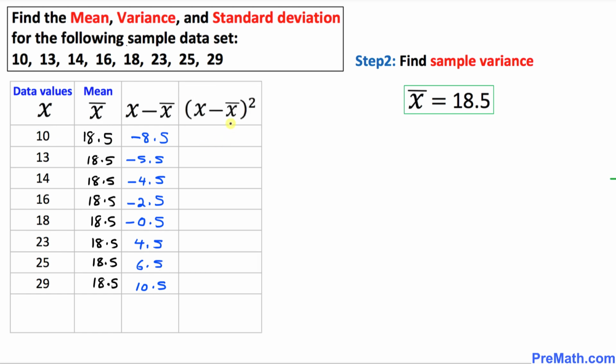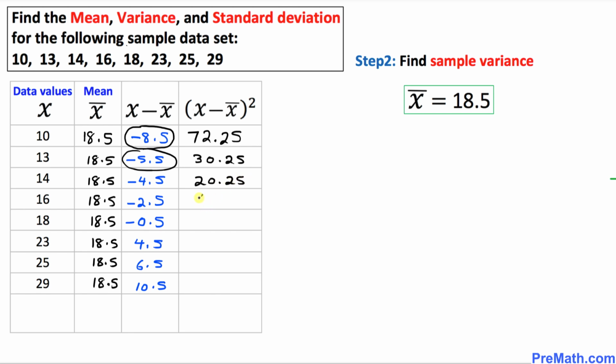And finally in our fourth column, we are going to take the square of these values that we figured out in our third column. So negative 8.5 squared is going to give us 72.25, and the square of negative 5.5, this next one, that's going to give us 30.25, and likewise all the way, we're going to do this one, 20.25.